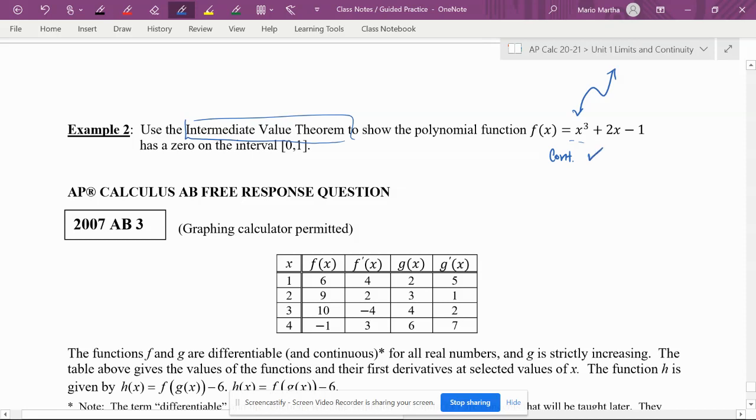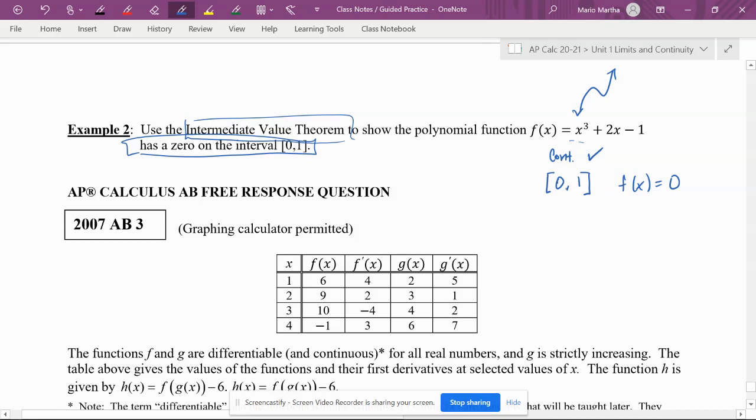Checks out. And then they're giving me a closed interval from 0 to 1. And then they're asking me to see if f of x has a 0 on the interval between 0 and 1. So I'm looking to see if f of x is ever equal to 0. I want to know if it crosses the x-axis between 0 and 1.